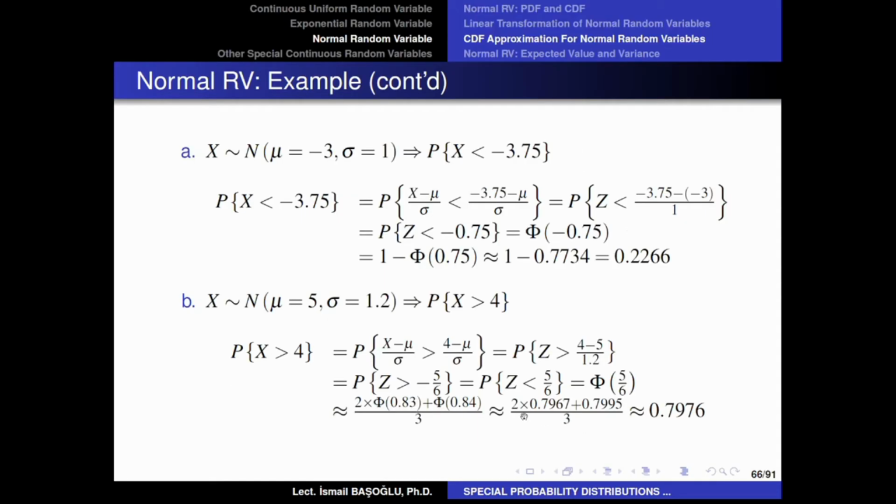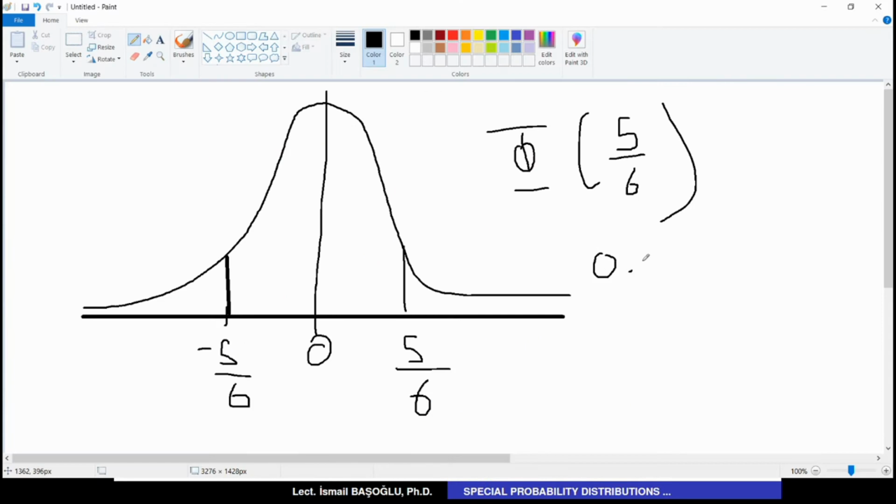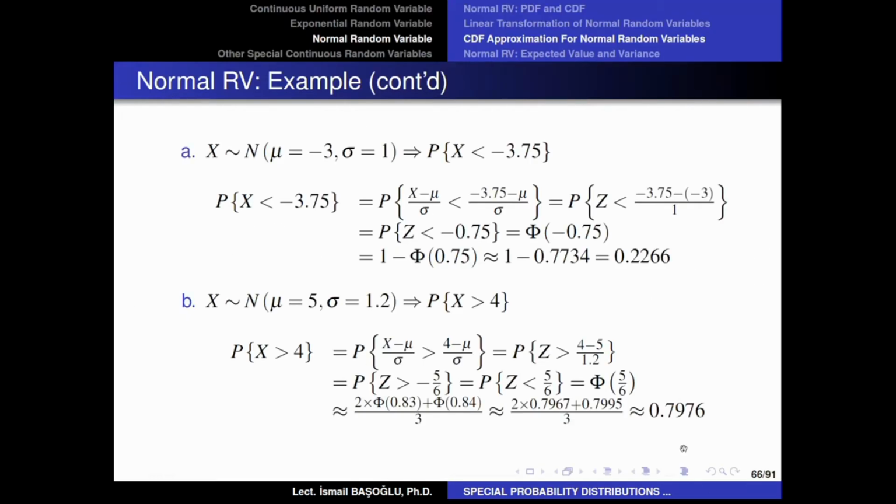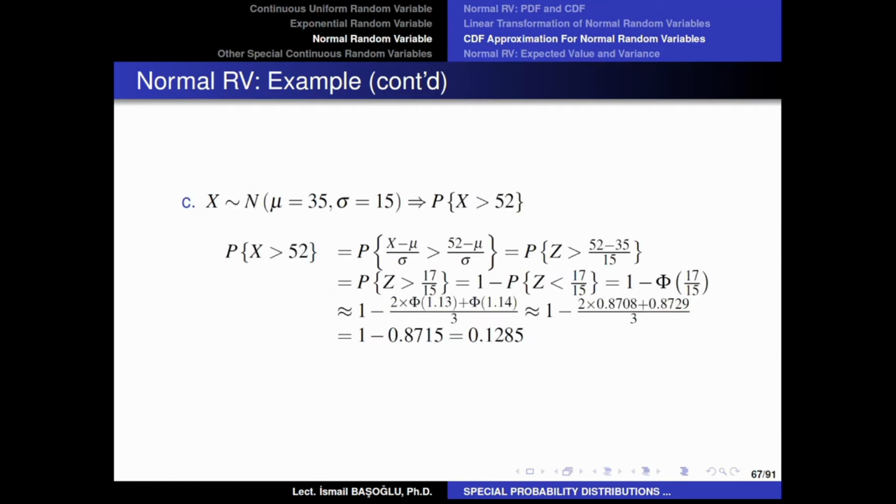Now you need to check this value from the table, and you definitely need to apply a linear approximation because 5/6 is a value which is close to 0.833. It goes like this. So you need to apply a linear approximation for 5/6, and you are going to get something very close to 0.7976.